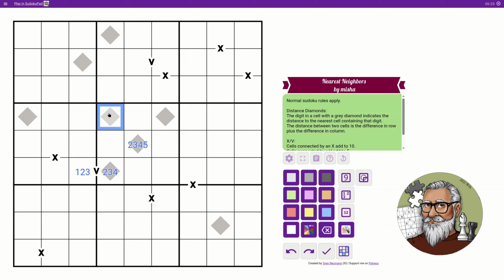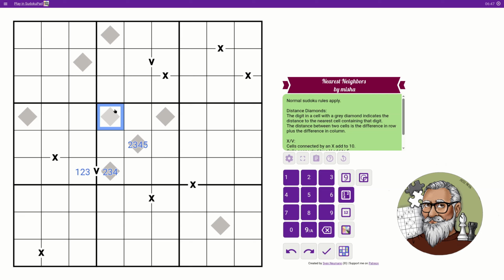Because at the furthest we can get from this one is probably here, right? Or there, actually. That's 5 as well. 5. This one is 6. So this is 5 as well.